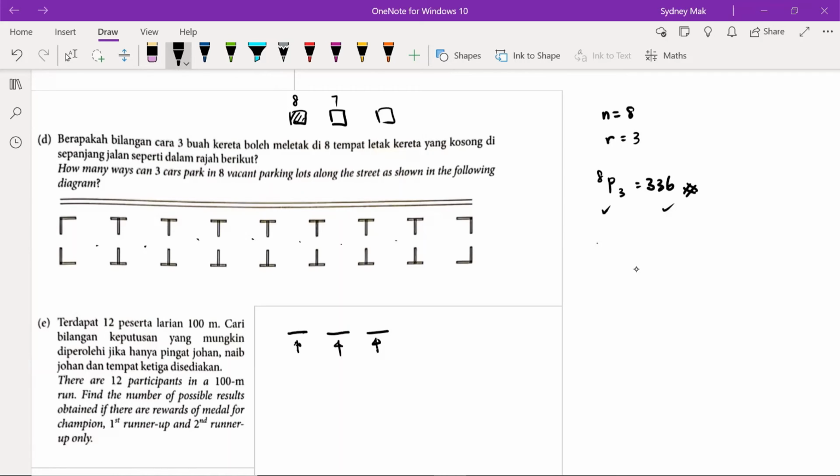Out of the 12 participants, the one that goes into the first position, the champion, may be any of the 12. After one of them goes in, we're left with 11 participants that may compete for the first runner-up, followed by 10 participants for the second runner-up. Therefore, the number of possible results is 12 times 11 times 10.